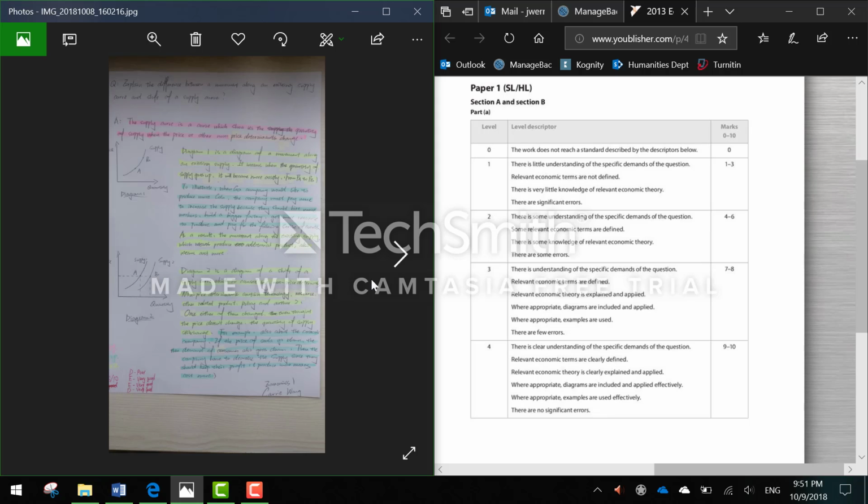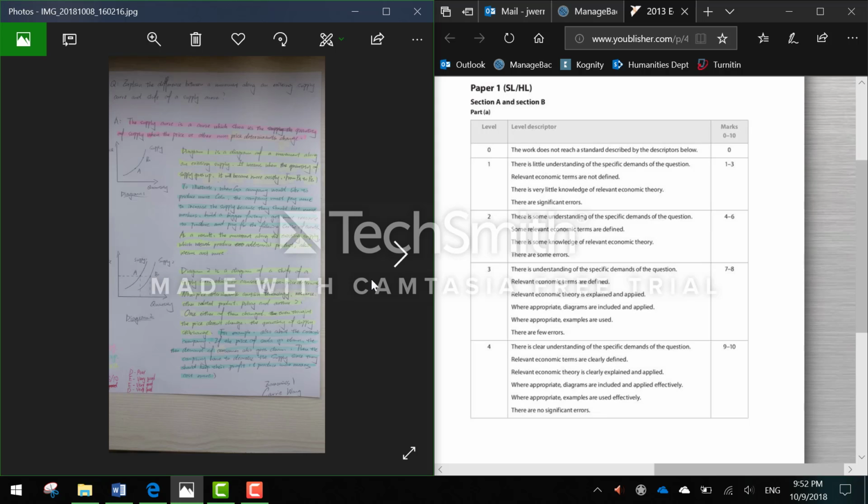That's what I meant to say. So lastly, let's look at examples. She mentions Coca-Cola in both the price movement and the change in a non-price determinant. However, both of her attempts to use an example fell short. And so I don't think examples are used effectively. I do think examples are used.